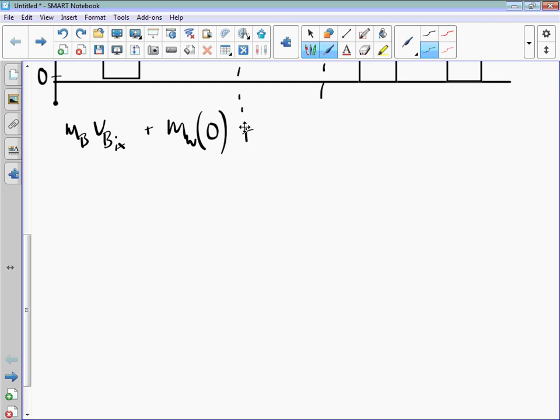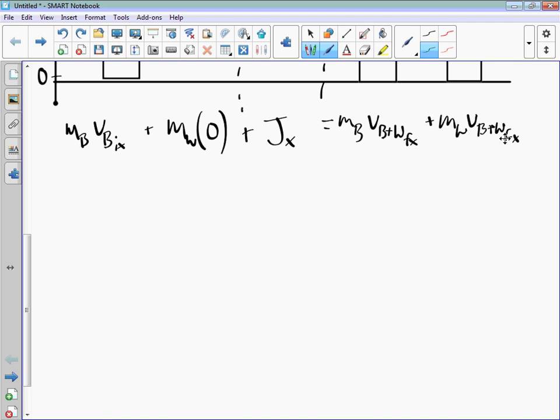We'll have to consider any sort of impulse that happened in the x direction being equal to the mass of the bullet and the velocity of the bullet plus the wood final in the x direction, plus the mass of the wood and velocity of the bullet plus the wood final in the x direction.